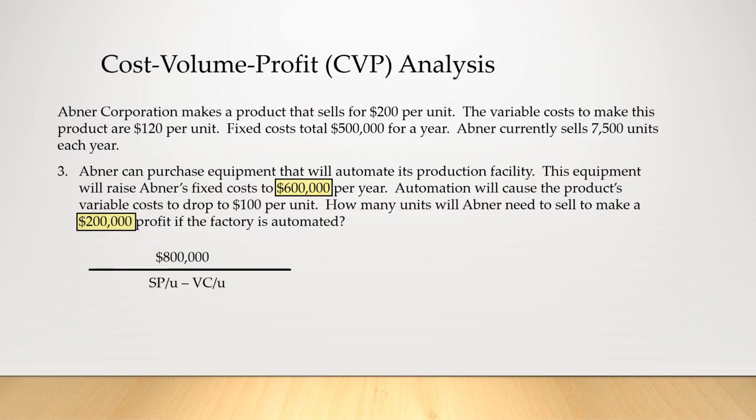The unit contribution margin will change. The sales price is $200 per unit, but the variable cost per unit has dropped to $100 per unit. The difference in our denominator will be $100 per unit. Our sales required to make 200 grand in profit in this scenario, 8,000 units.